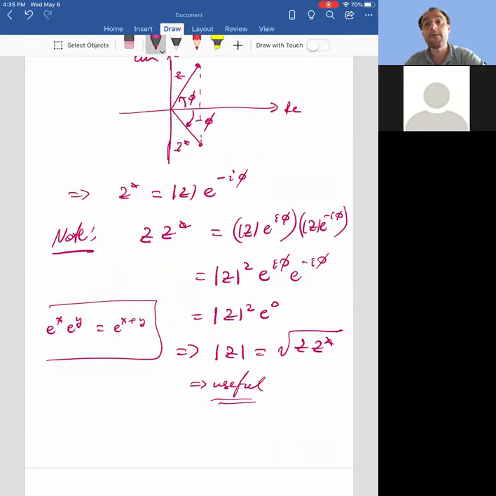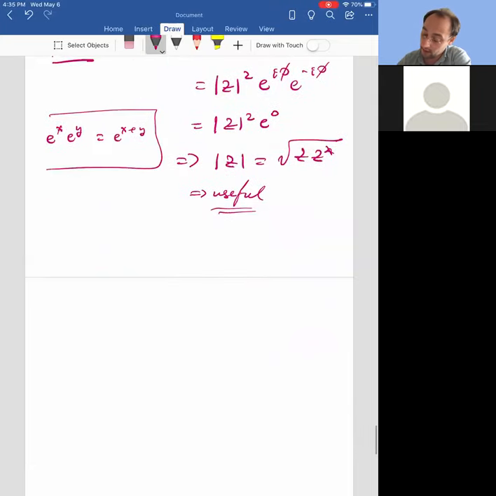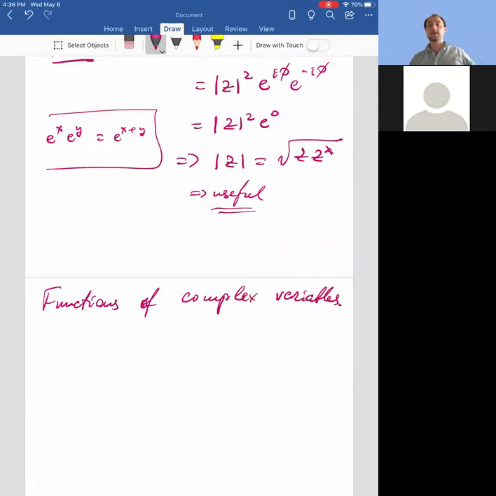You can also have functions of complex variables. Now, what is a function? A function is a machine into which you put a number in, you get a number out.